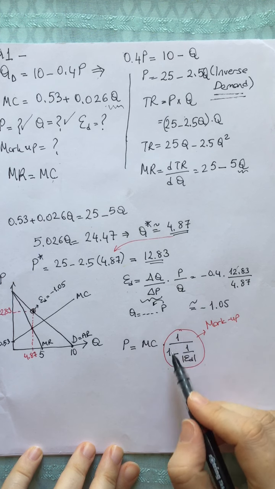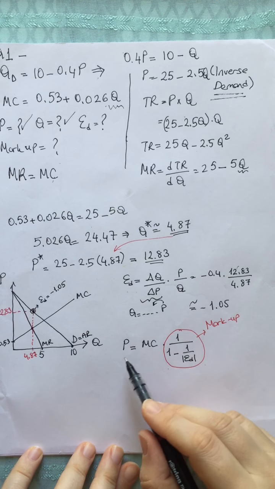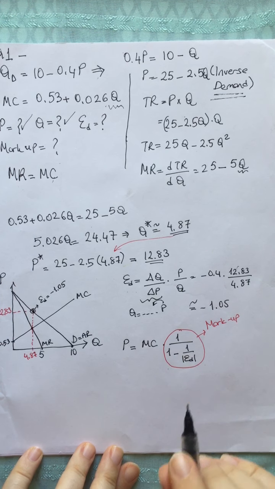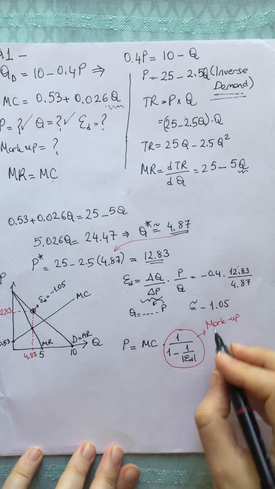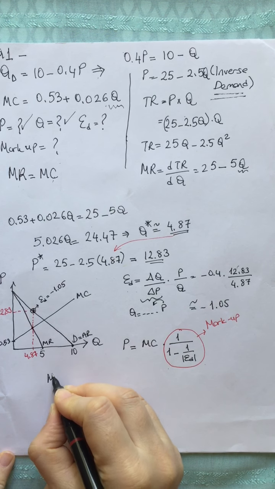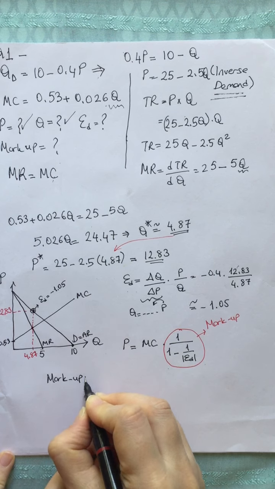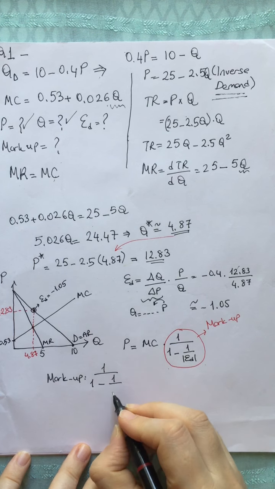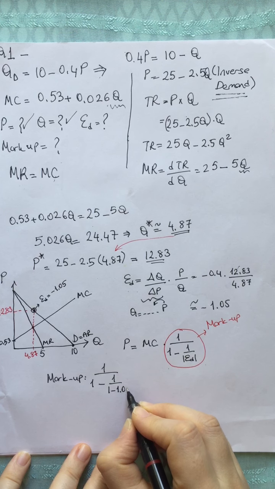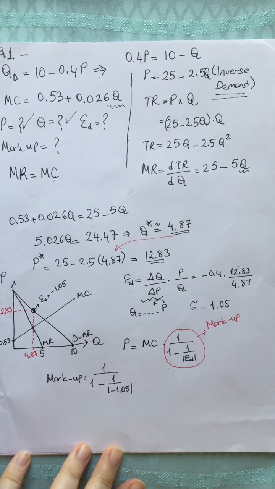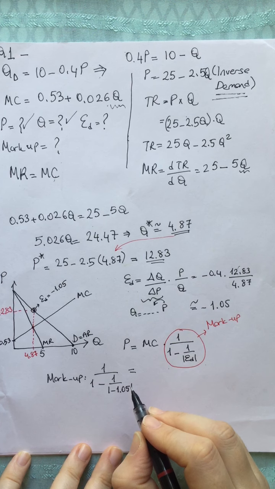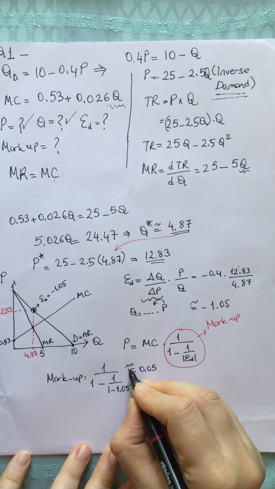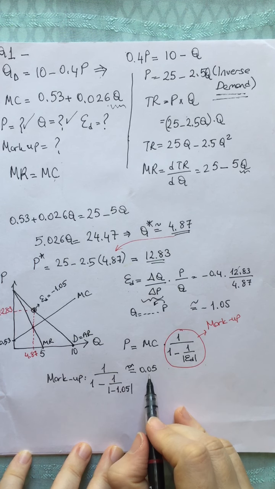That formula is showing us the percentage difference between price and marginal cost. And so the markup value in that case is 1 over 1 minus 1 over minus 1.05, which is approximately 0.05. So 5%.